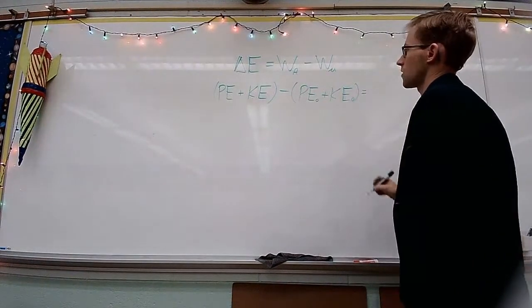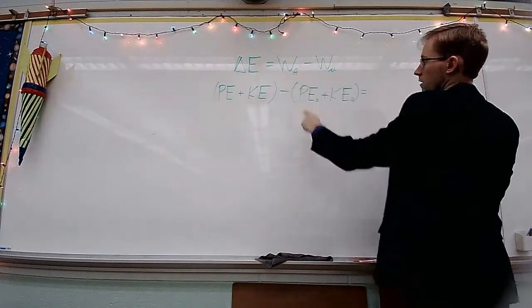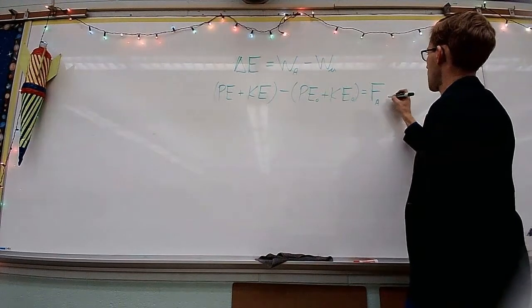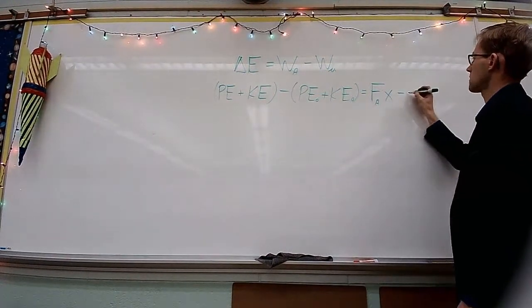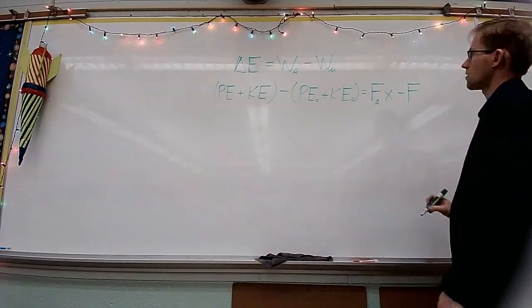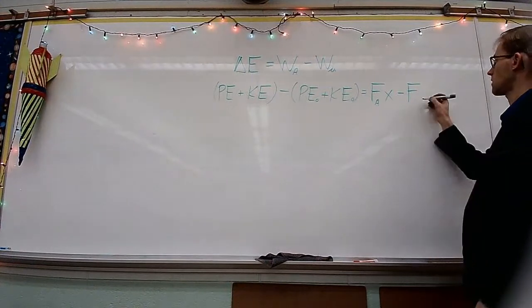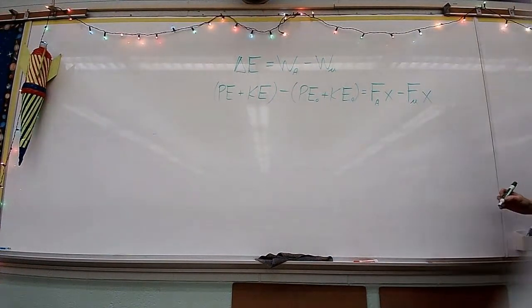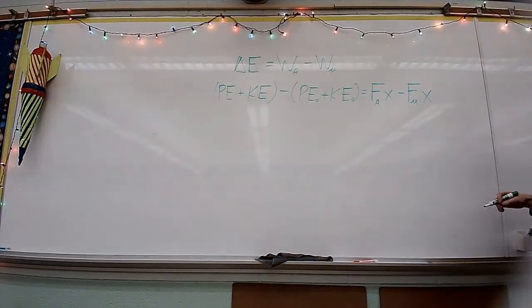And then that's going to be set equal to applied work, which would be applied force times displacement, minus the energy lost, the work that's taken energy out of the system, force of friction times displacement. So that would be your long equation there, and that's what we'd be dealing with.